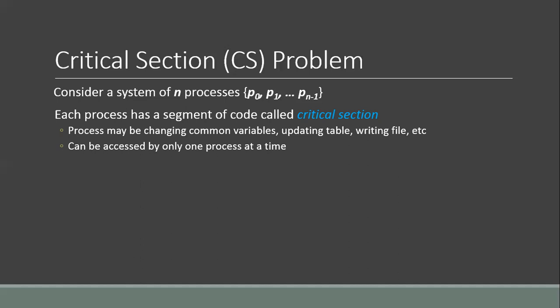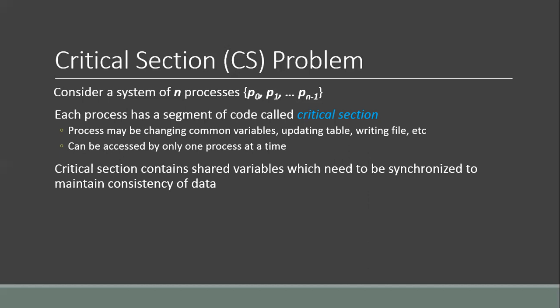If we allow more than one process to execute in their critical sections, it may lead to data inconsistencies. The critical section contains shared variables which need to be synchronized to maintain consistency of data.